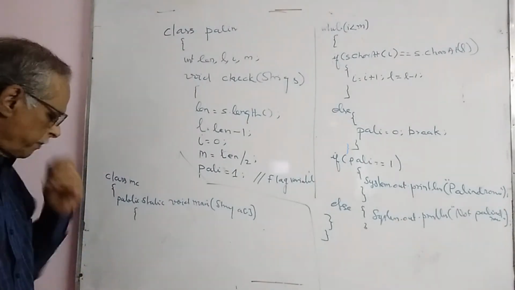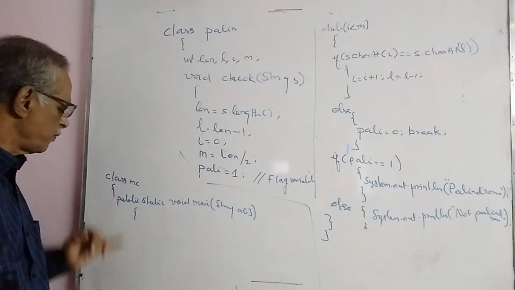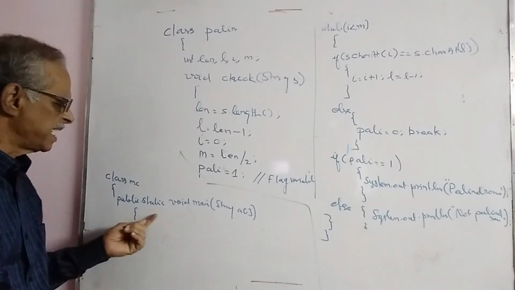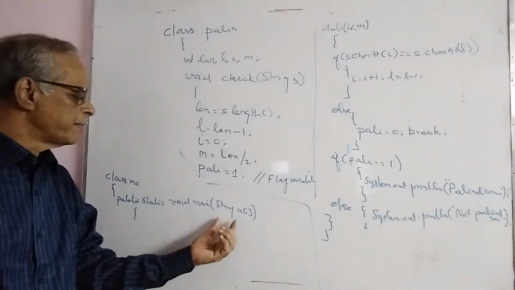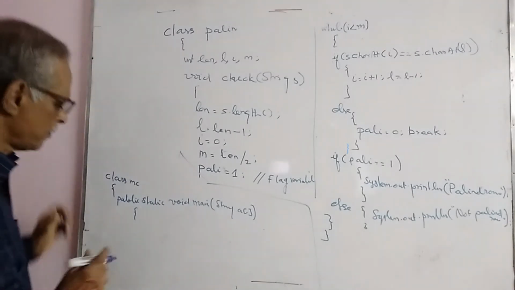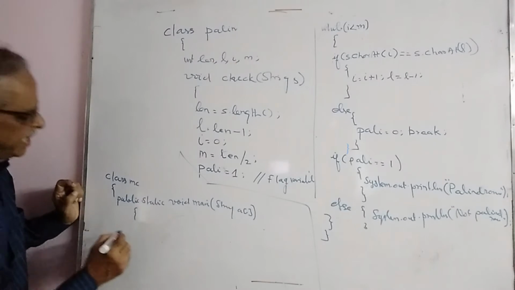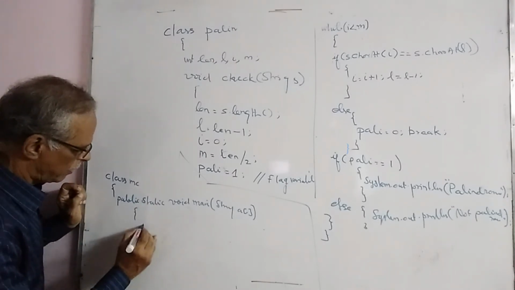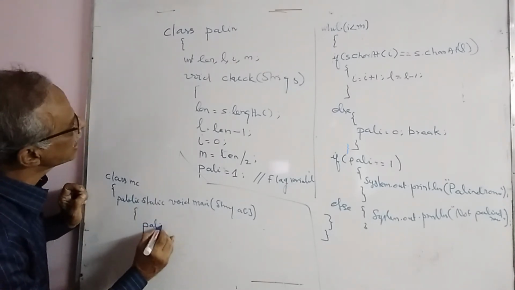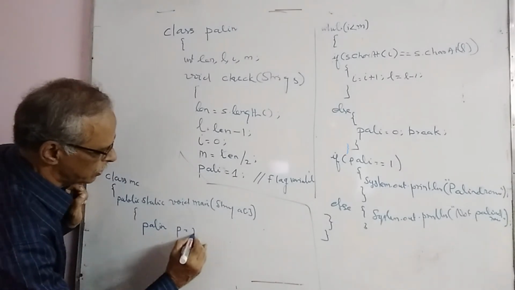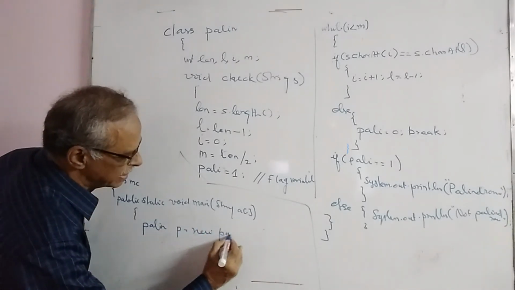The signature for the main method is public static void main, parameter string array. Now we are going to create an object for palin. P equals new palin.